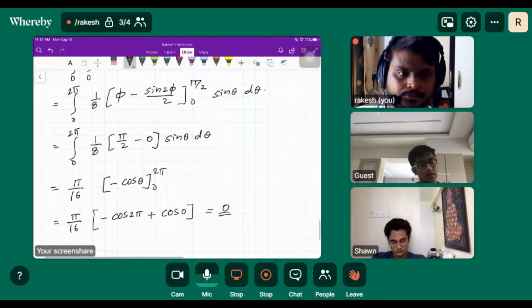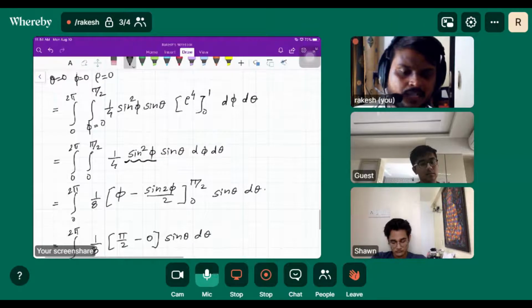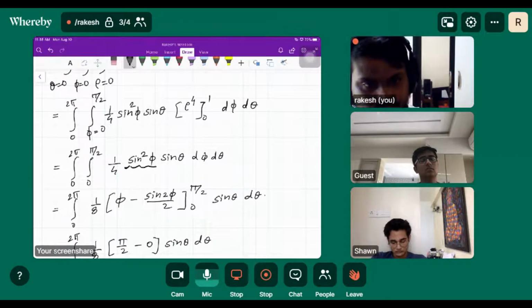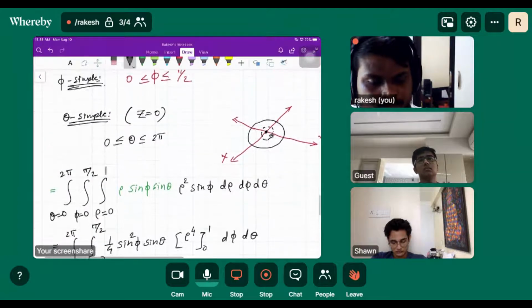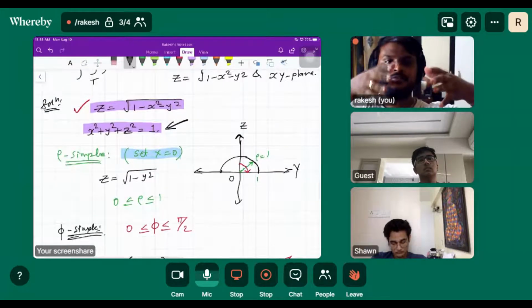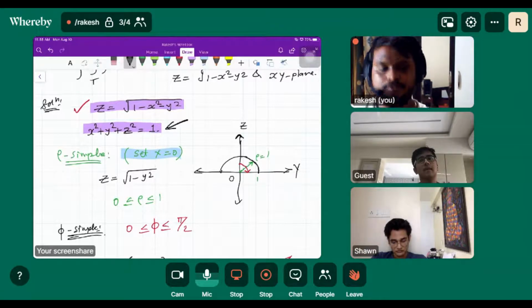Why did we get 0? Is it mass, volume, or something else? We have a hemisphere and we got the integration as 0. Was it expected?